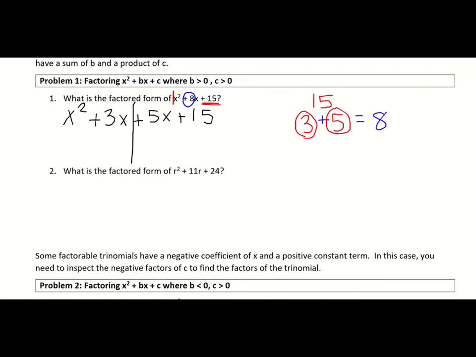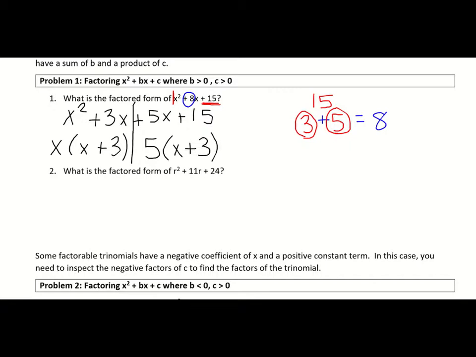I'm going to factor the first one by taking out the GCF. So between x squared and 3x would be an x, and I'm left with x plus 3. Between 5x and 15 would be 5, and I'm left with x plus 3.